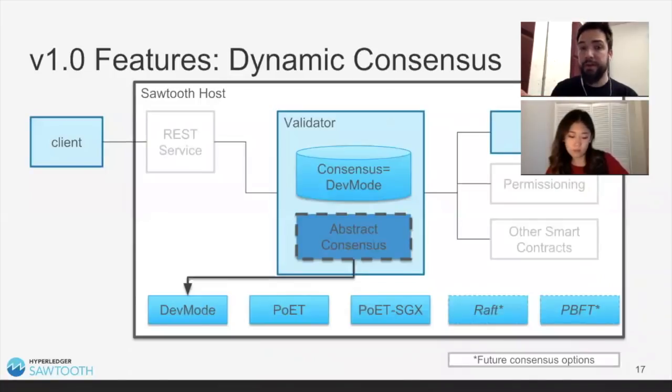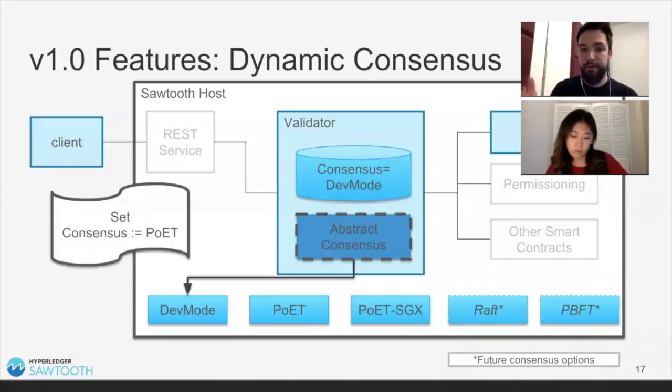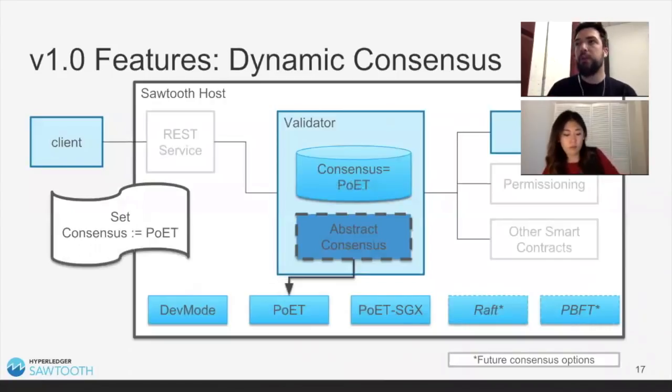So one of the features that settings allows us to do is dynamic consensus, and it's pretty straightforward. Set consensus to Poet, the voting happens, it goes through, now you're running Poet. A quick word on the difference between Poet and Poet SGX. So Poet SGX is assisted by hardware, specifically the SGX chip that's on most recent Intel processors. That provides you a trusted execution environment.